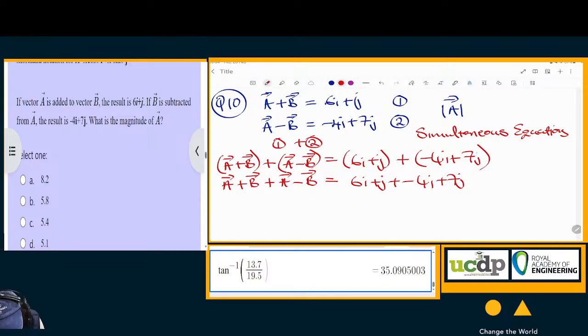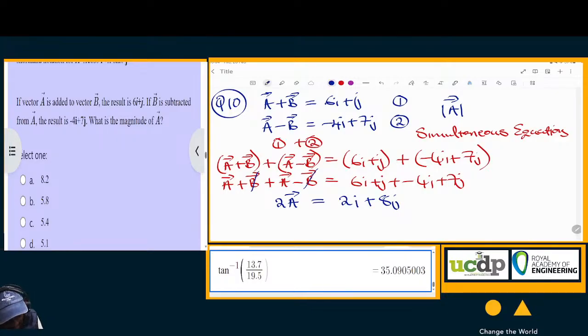Now this is just summation. You realize that vector B will cancel out, which means you remain with 2A. And there you have 6i minus 4i, that's 2 in the i direction. Then the sum in the j direction will be 8.